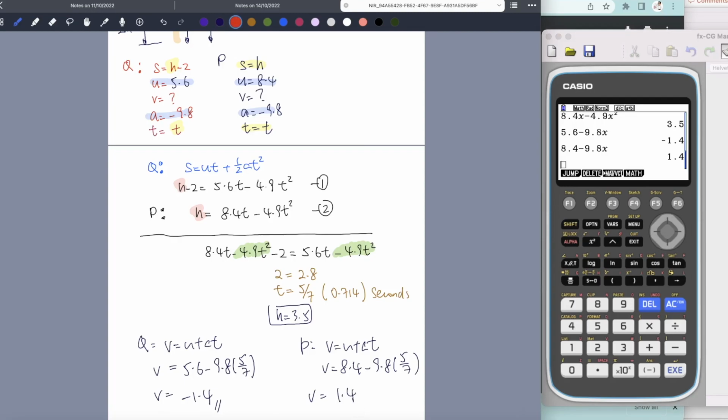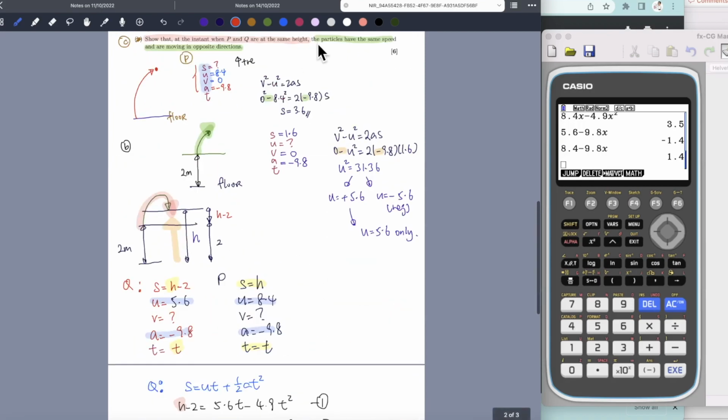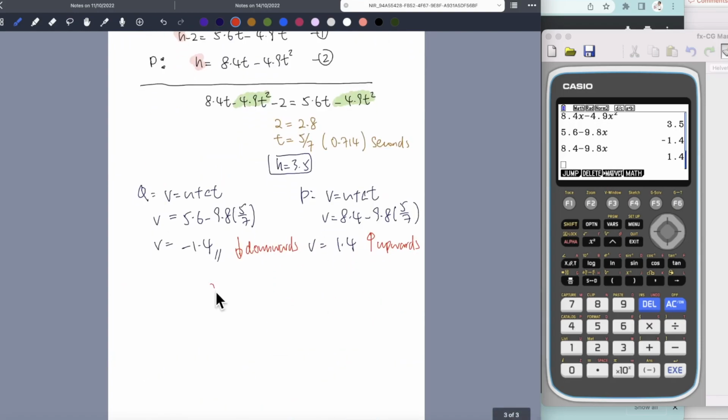So this means that this is downwards, and 1.4 means it's upwards. So we have shown that the particles have the same speed. The speed, they are both 1.4 m/s, but they're moving in opposite directions. So same speed, 1.4 m s^-1, but opposite directions.